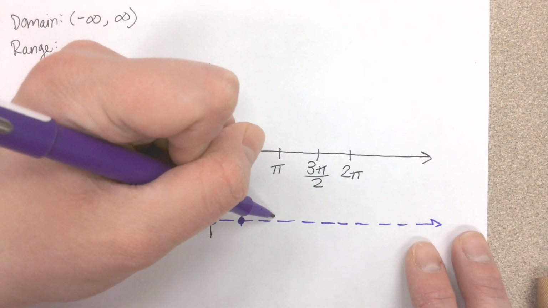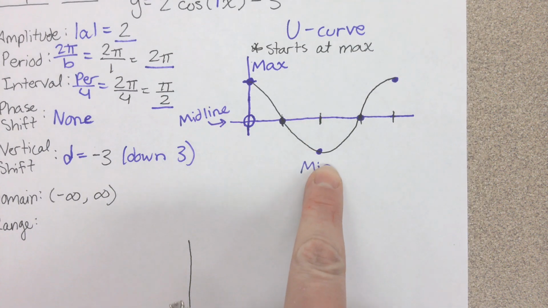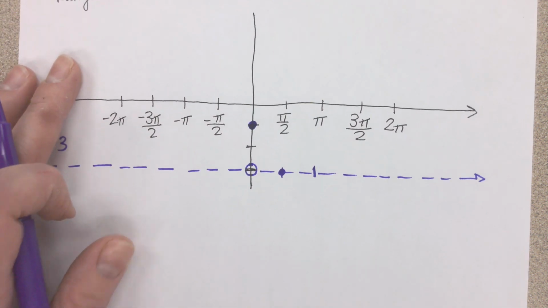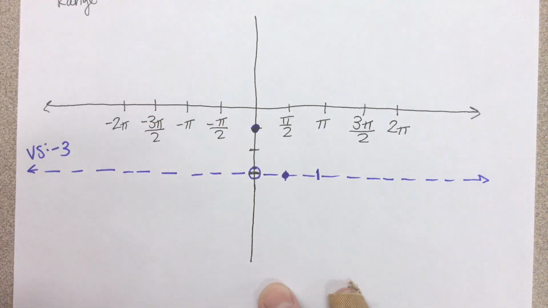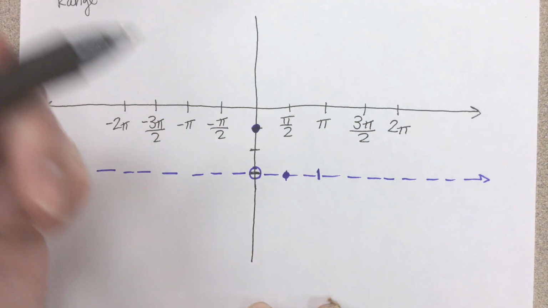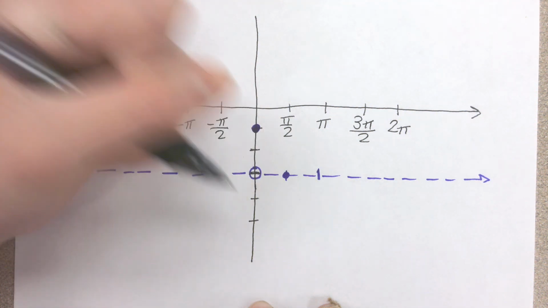Next interval, we go down to a minimum on the second interval. And I need more y-axis space, so I'm going to keep this going. So we went up 2 for the maximum. We're going to go down 2 for the minimum.